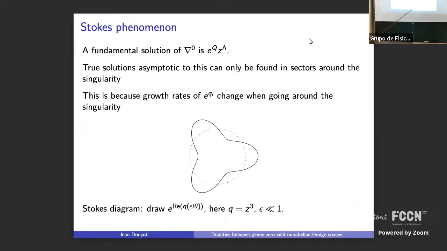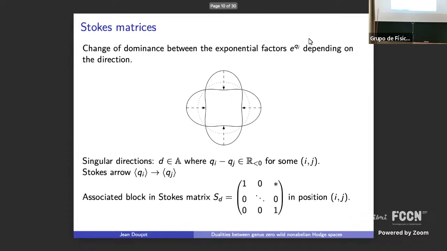For example, here I draw it for a cubic exponential factor, and you see it does something like that. Here the dotted circle delimits the zones: here it's growing, here Q is decreasing when I approach the singularity, etc. So I can visualize those growth rates on the Stokes diagram.